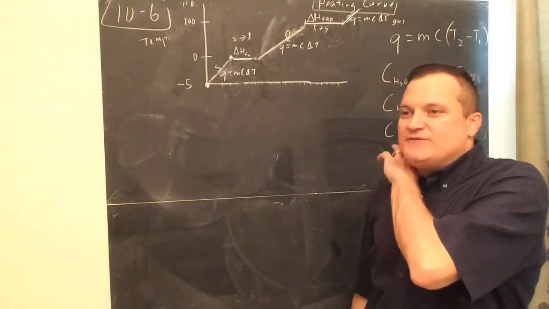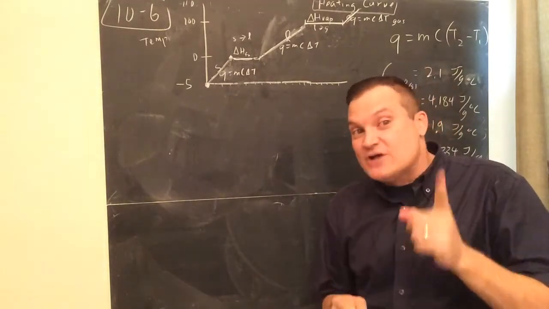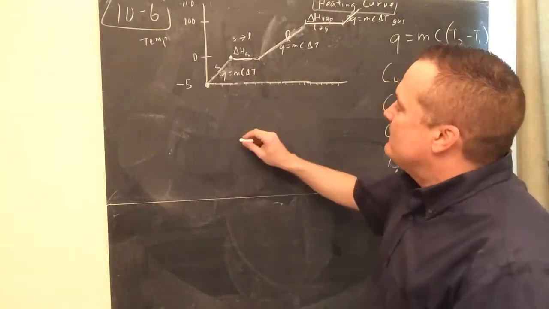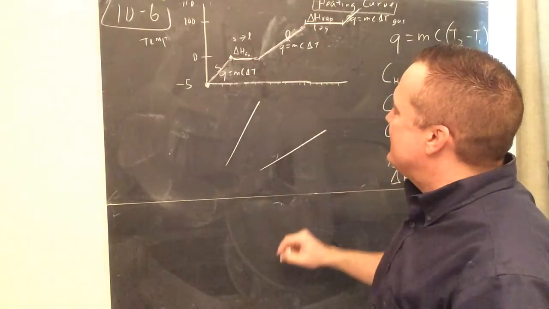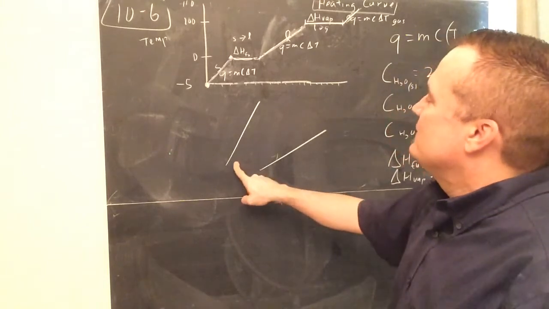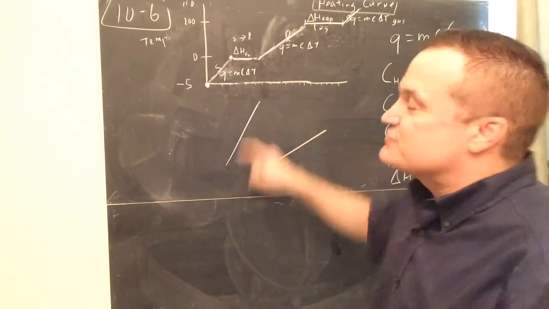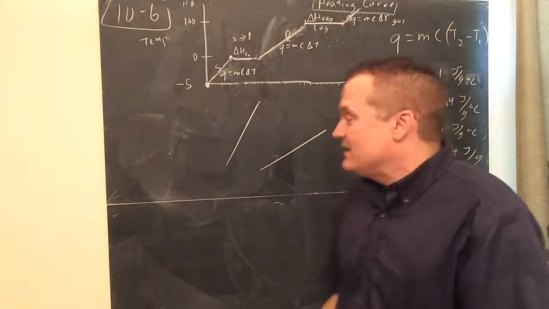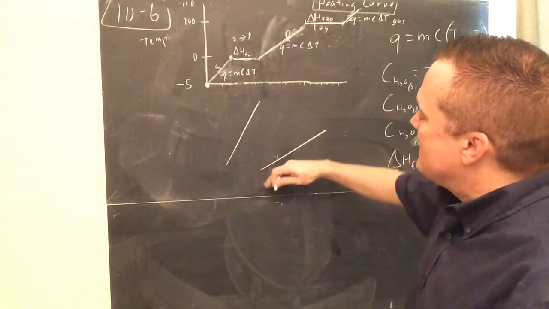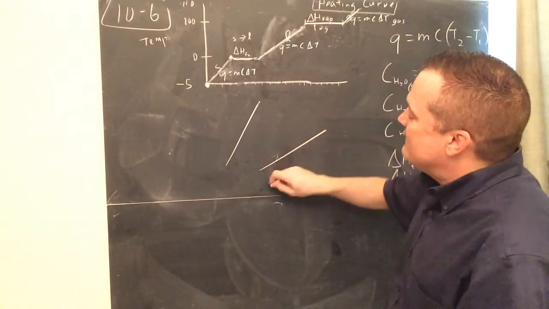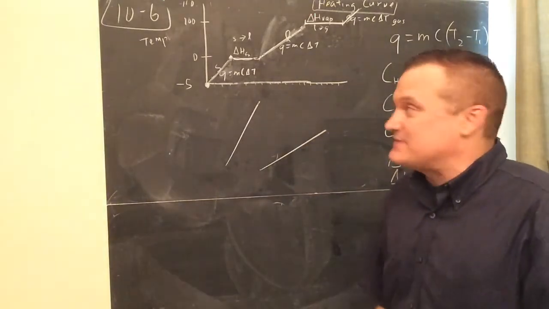Whatever the slope of the line is, a high slope would mean it heats up really quickly, right? So that means your specific heat value will be small. A more flattened, lower slope, less inclined, would mean it takes a longer time to heat up, so it has a higher value for specific heat.